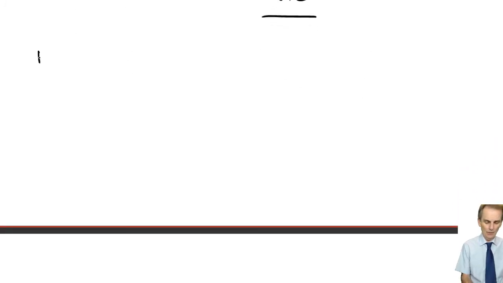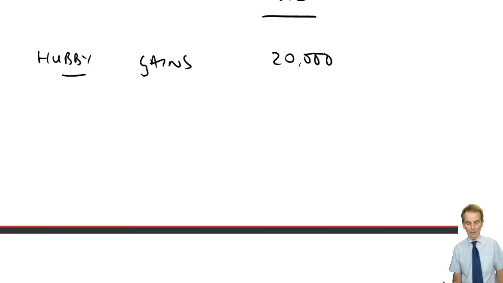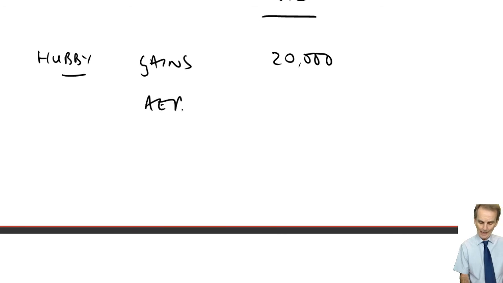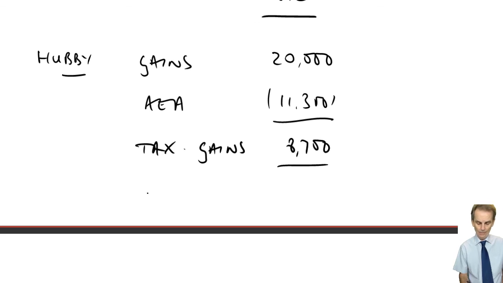So for husband, or hubby, he's going to have gains when he sells to the outside world of £20,000. He's got his own AEA for the year, 11.3. That means that he will have taxable gains here of 8,700, and he will pay tax on those.